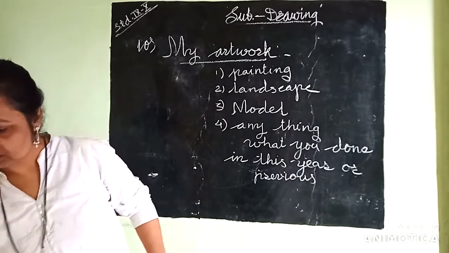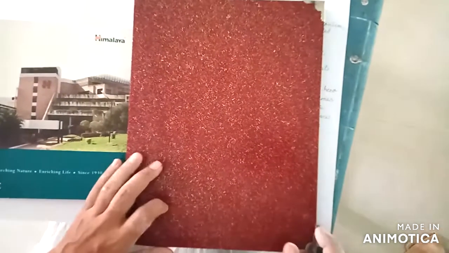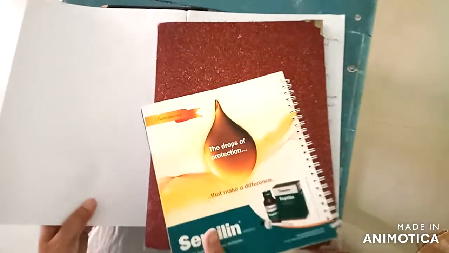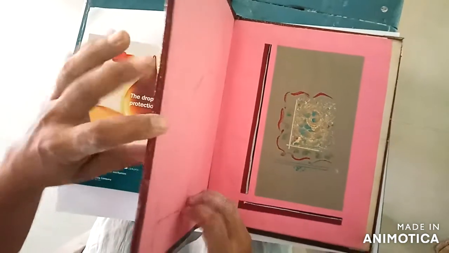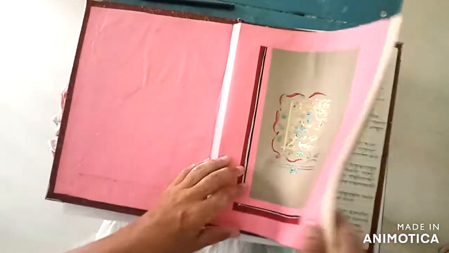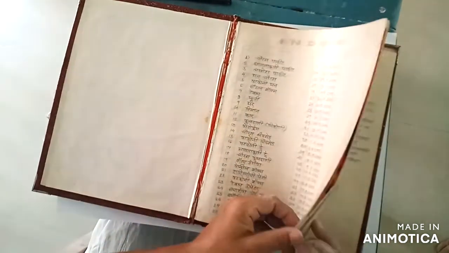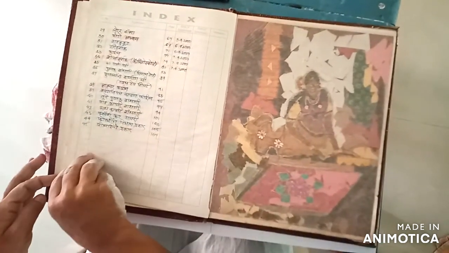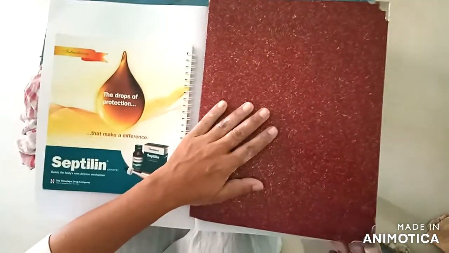So friends, see, I show you. See, this is a project book. Means I have a simple notebook like this, and I add this top board here, related hard papers first, and this way I made a nice cover for it.